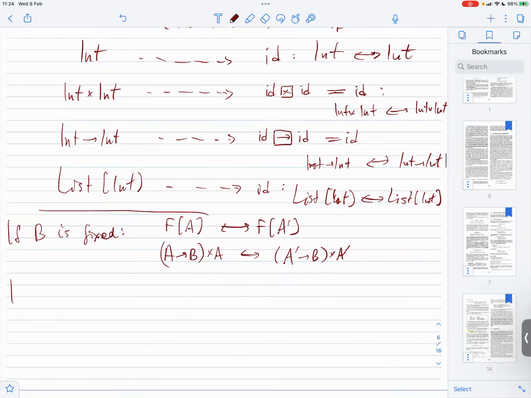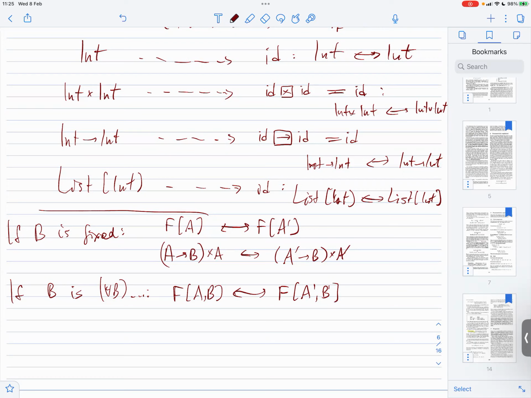But if B is quantified somewhere outside, then you would actually want to write a relation like this. You would write to say F A B, actually, introduce a different type parameter, B prime, and then you would have this kind of relation, which is going to be different.